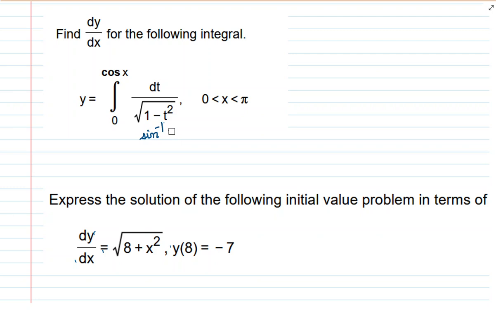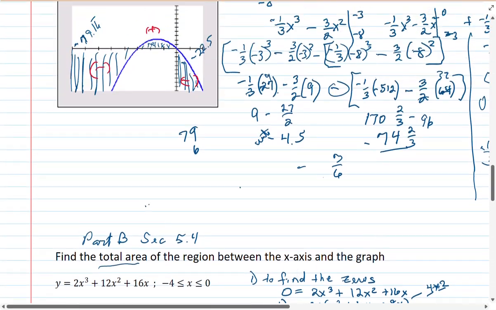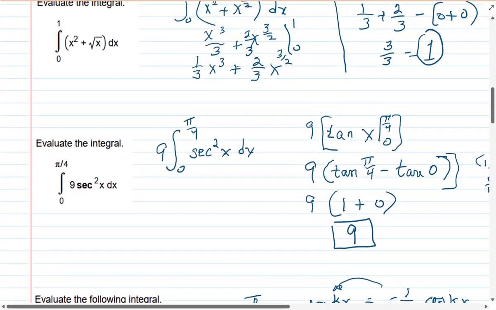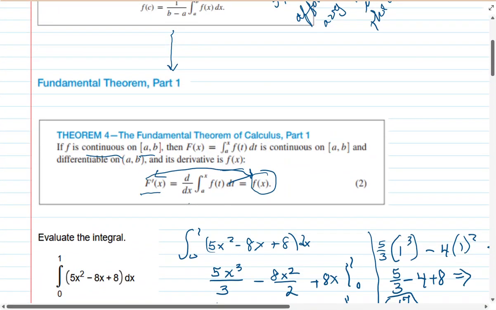But before we get to that, let's talk about what happens here. In that calculus theorem, let's look again, way up here. It says that we can have a term in terms of t and convert it to x by taking the dx of the whole integral.